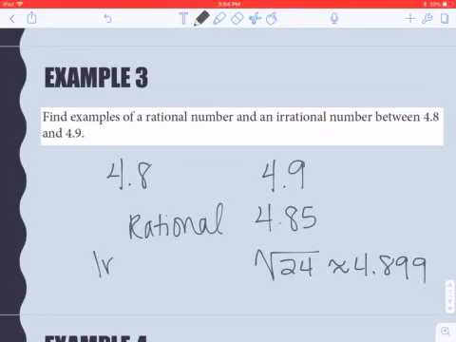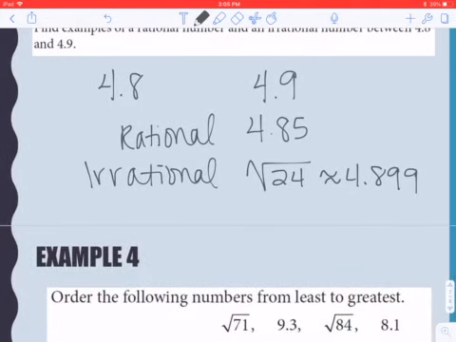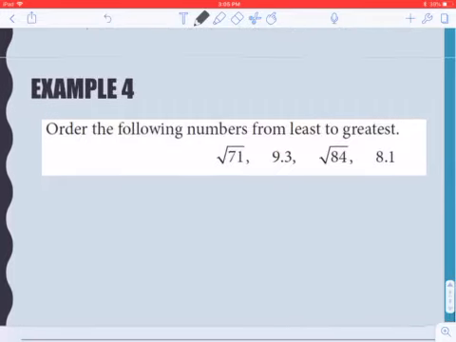So that's my irrational. So I'm using my calculator to do some guessing and checking. But I knew to start with somewhere above 16 and then go under 25.